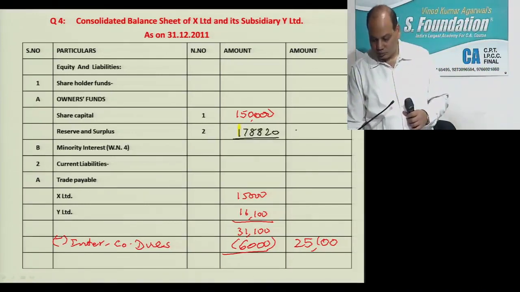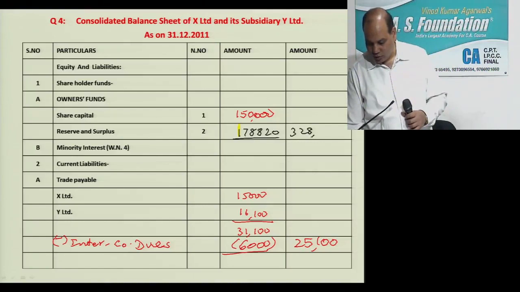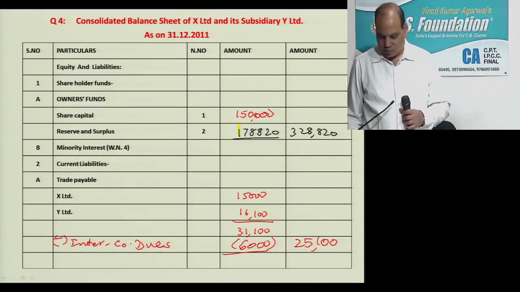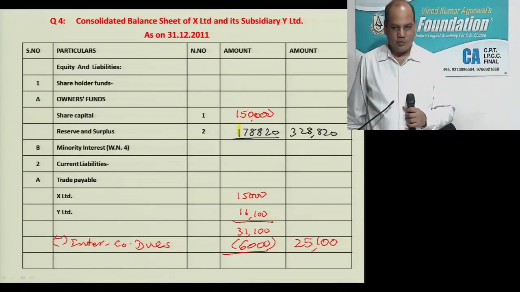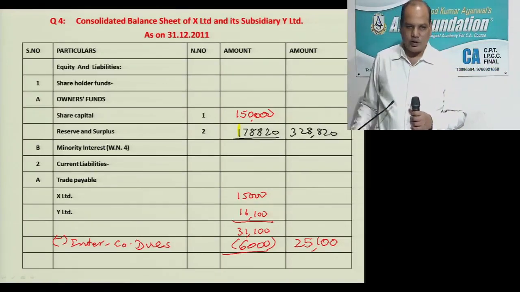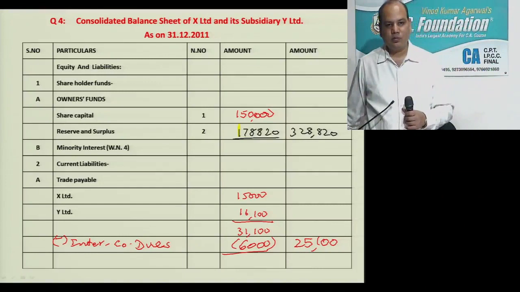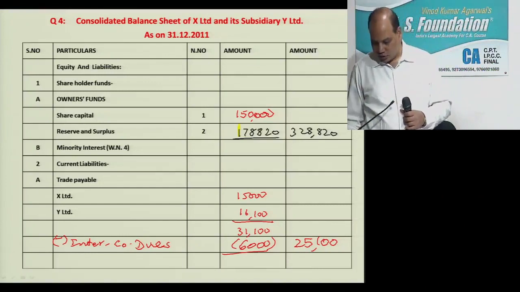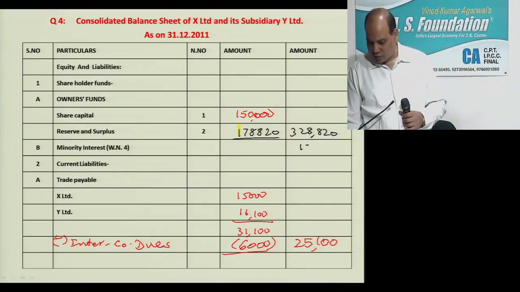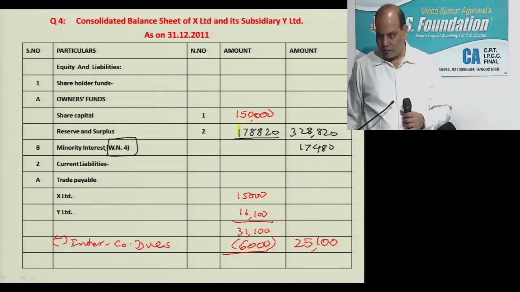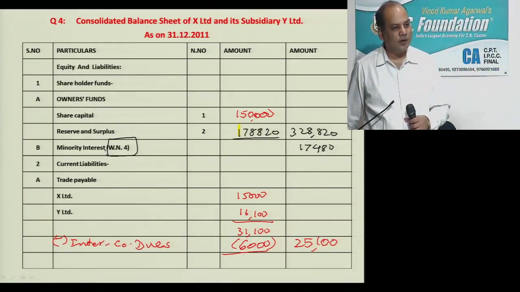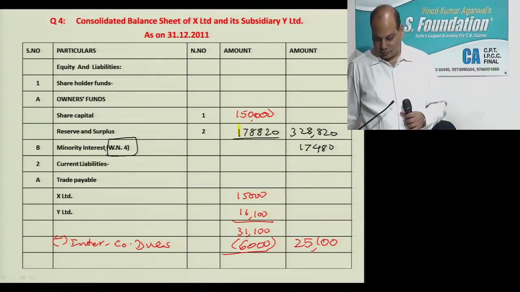Total 328,820. Now you do one thing for me. Find out minority interest total. 17,480. Is it right? Can I trust you? Write working note 4 here. Everything will be understandable later. All links we have given. Okay.